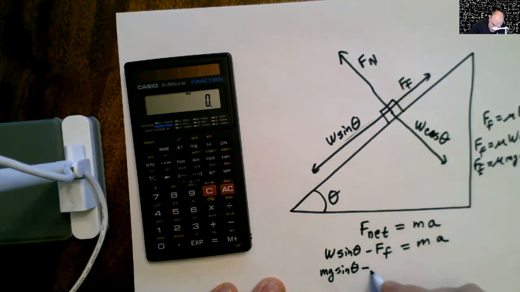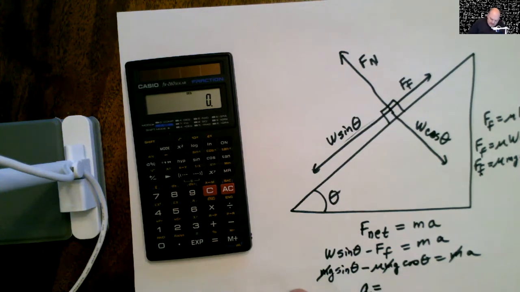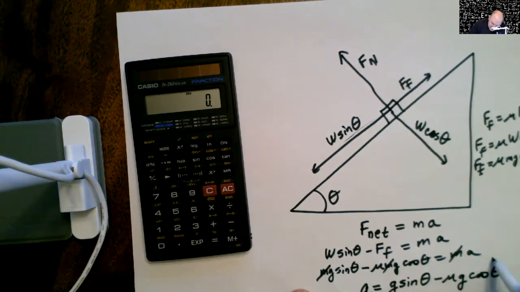So minus mu mg cosine theta equals ma. And I can cancel out a mass out of every one of these and have an acceleration equation down an inclined plane under its own weight would be g sine of theta minus mu g cosine theta. So there's an equation for acceleration down an inclined plane that does have friction.